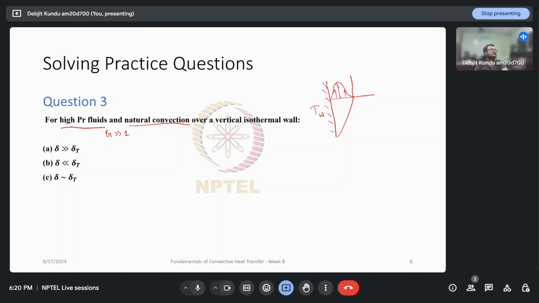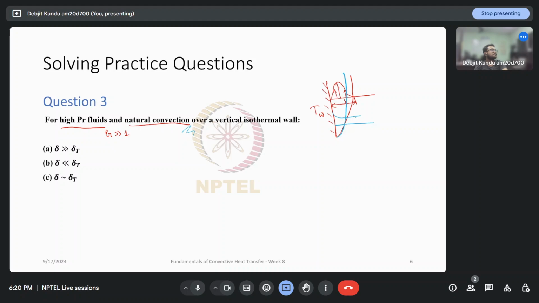and the thickness of it would be given by, let's say, delta. At the same time, I will have a thermal boundary layer develop as well, where let's say the temperature difference will go something like this, or rather the temperature itself might go something like this.